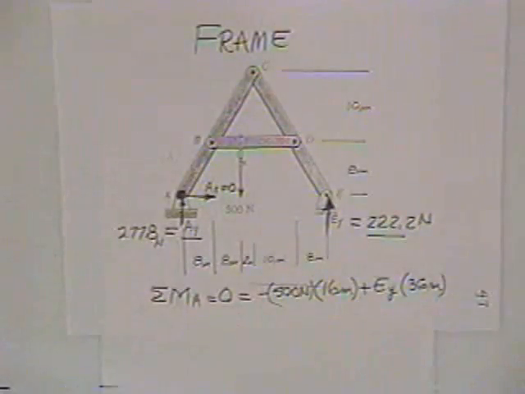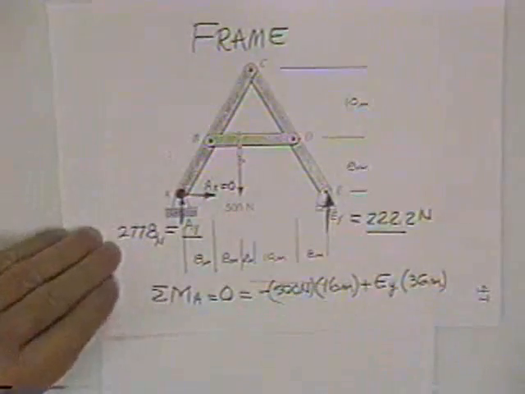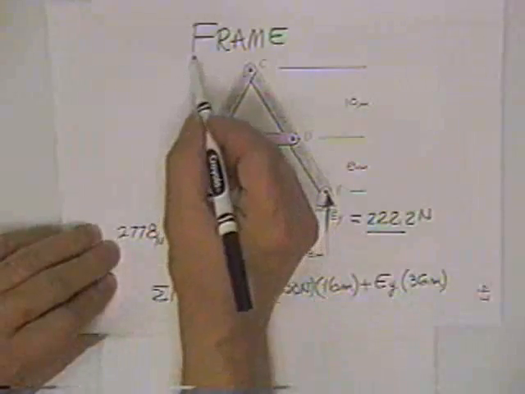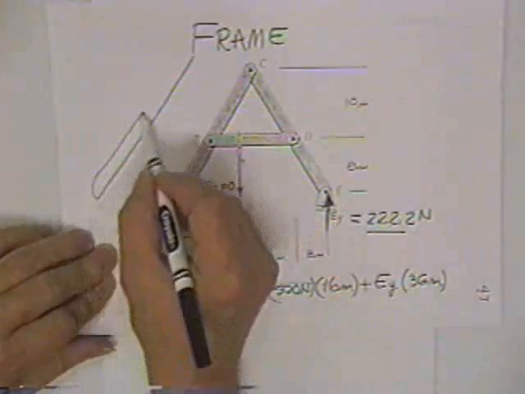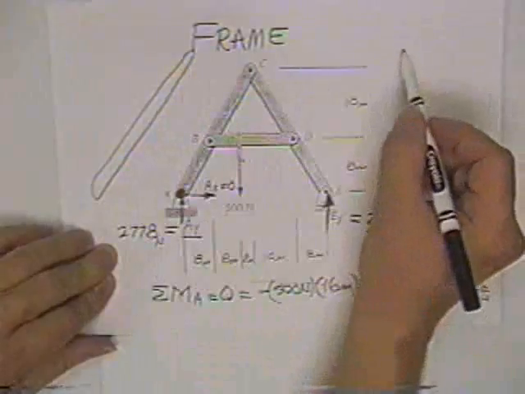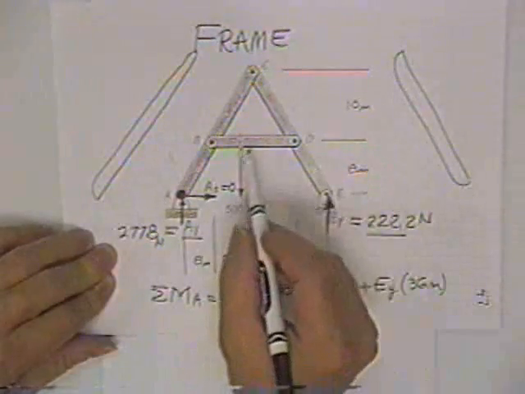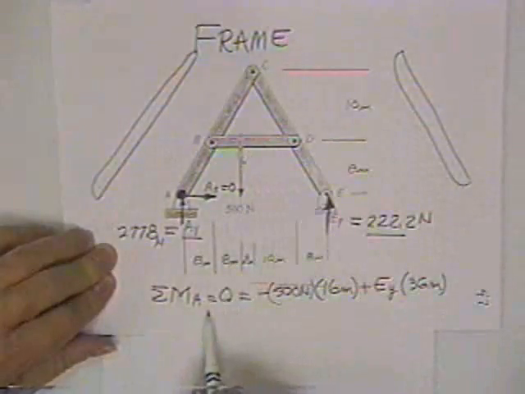Now then, to get inside of the structure, you actually take the members apart. You actually come over and you draw this member by itself, and you draw this member by itself, and you draw this member by itself.